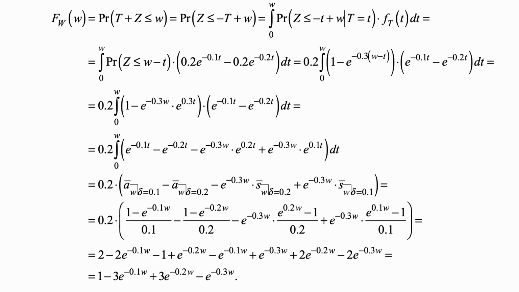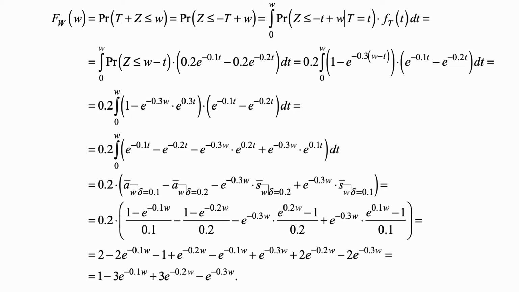That's equal to 0.2 times the integral from 0 to w of 1 minus e to the minus 0.3 w times e to the 0.3 t times e to the minus 0.1 t minus e to the minus 0.2 t dt. And then we multiply out the things inside. We get 0.2 integral from 0 to w of e to the minus 0.1 t minus e to the minus 0.2 t minus e to the minus 0.3 w times e to the 0.2 t plus e to the minus 0.3 w times e to the 0.1 t.